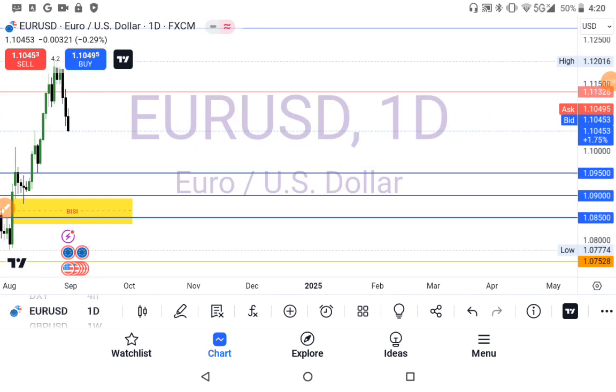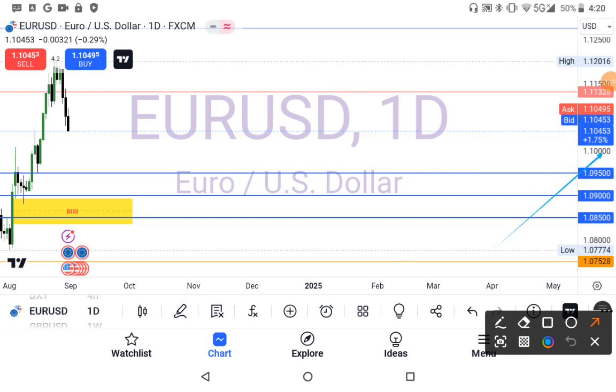So the coming week, I'll be watching a movement. I'll be going for low hanging fruits. I'll be watching and only be interested in 1.10000 the coming week. I think we'll be around this order block here.